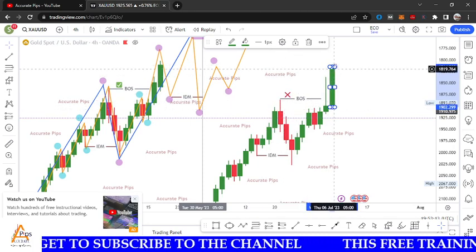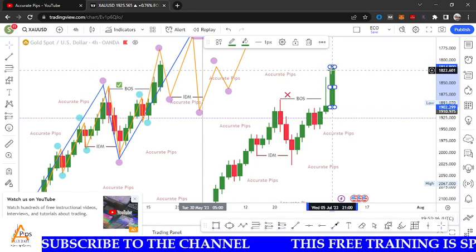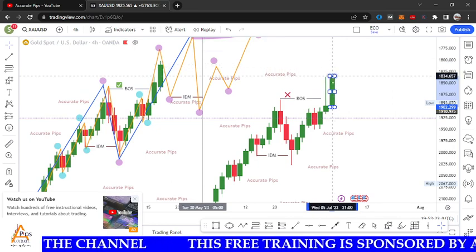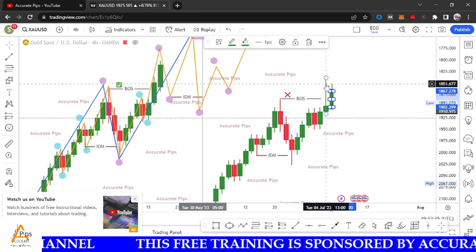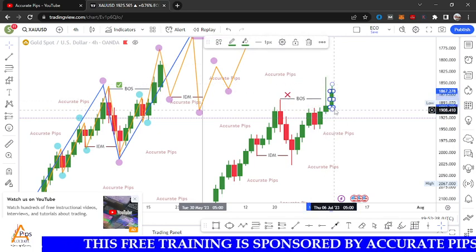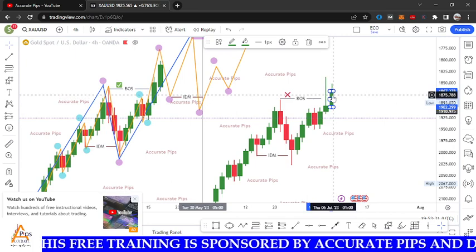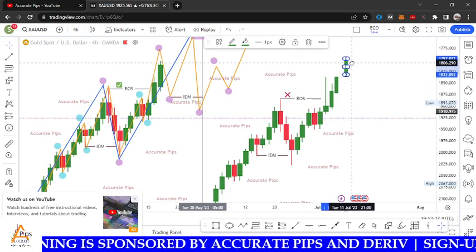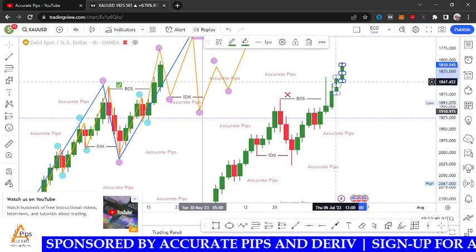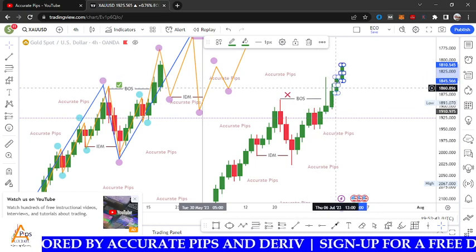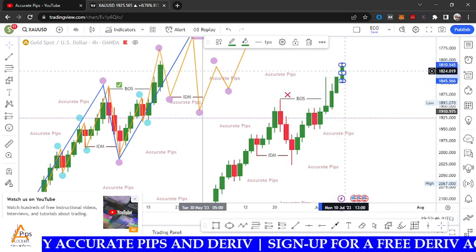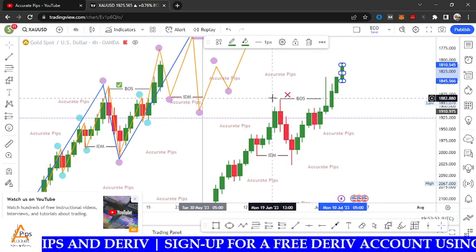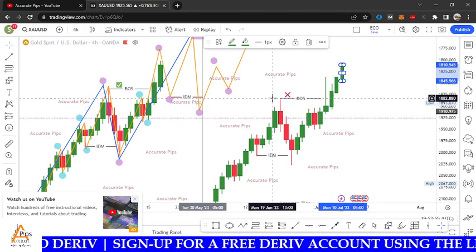But if this one also decides to close below this wick, then we don't have a valid break of structure. If the third candle, the fourth candle, all of them, you see this is an equal high, so it's still not valid. But once this one is able to break this entire area, then we can consider this as a valid break of market structure.